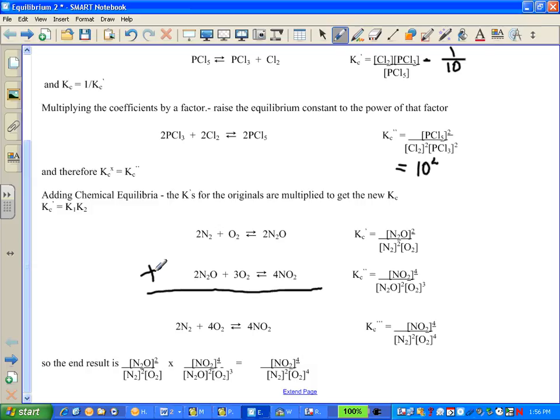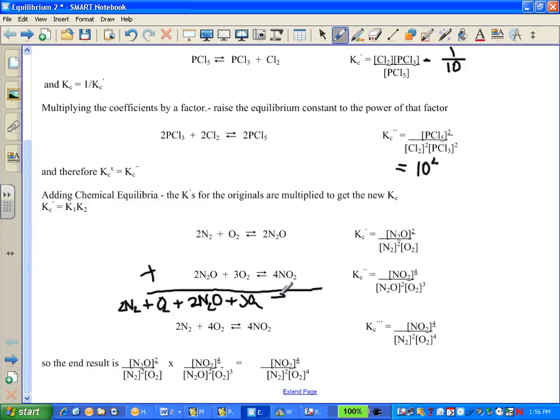Now, what we need to do is to look at all of the reactants and all of the products, and we're going to take the sum. So one way to organize this is to take all of the reactants: 2N2 plus O2 plus 2N2O plus 3O2.